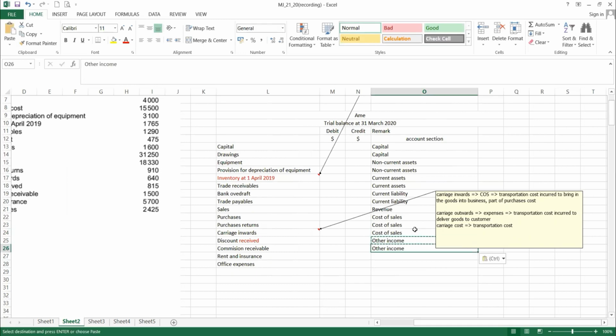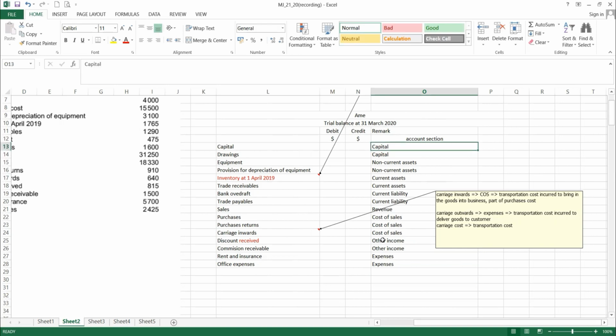Commission received also under the other income section. Next is rent and insurance under expenses, which you need to pay every year. Office expenses, behind got expenses, understood is an expense.